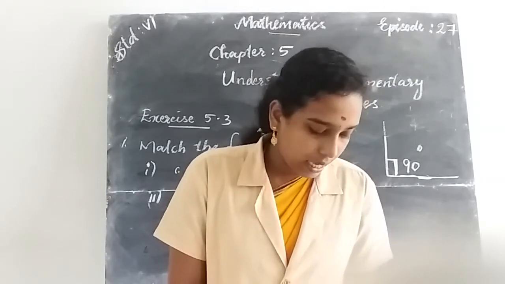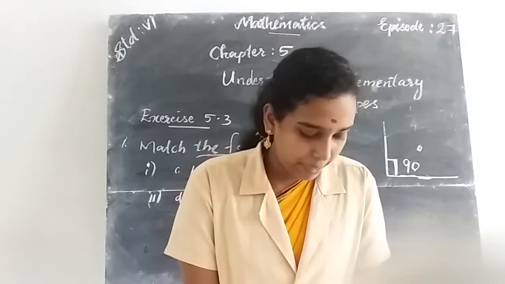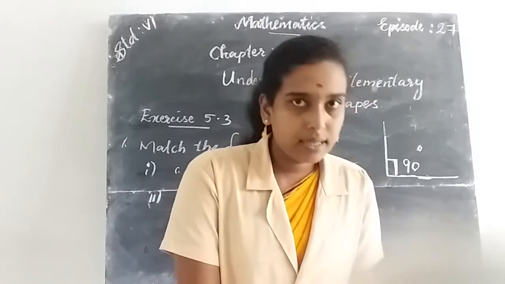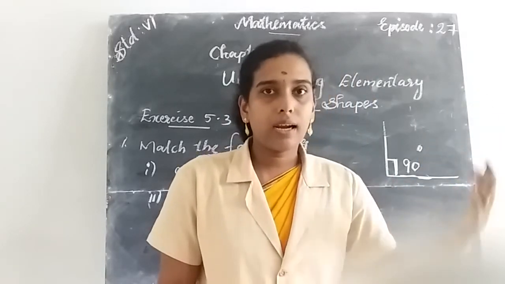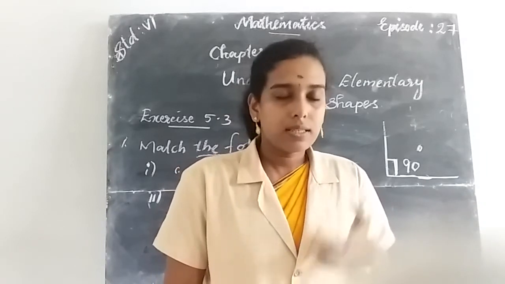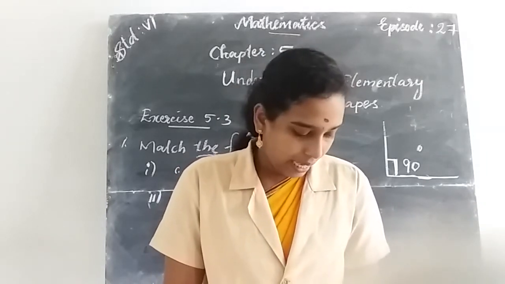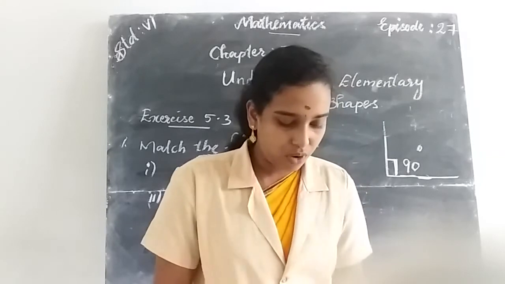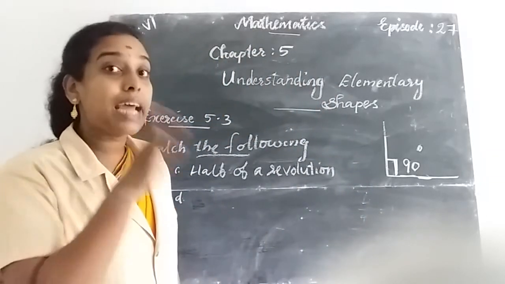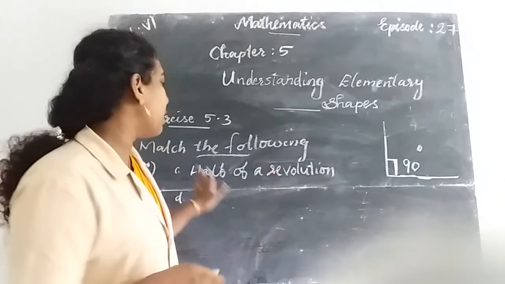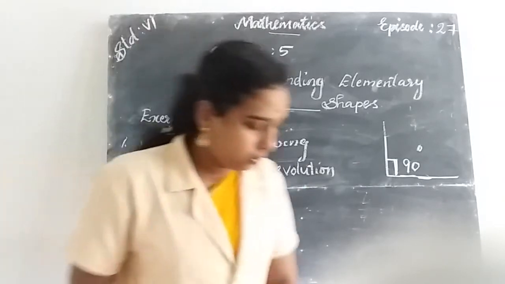Then third one is acute angle. Angles are classified into 3 types based on degrees: acute angle, obtuse angle, and reflex angle. Acute angle means less than 1/4 of a revolution. 1/4 means 90 degrees, that's a right angle. So less than 90 degrees is known as an acute angle.